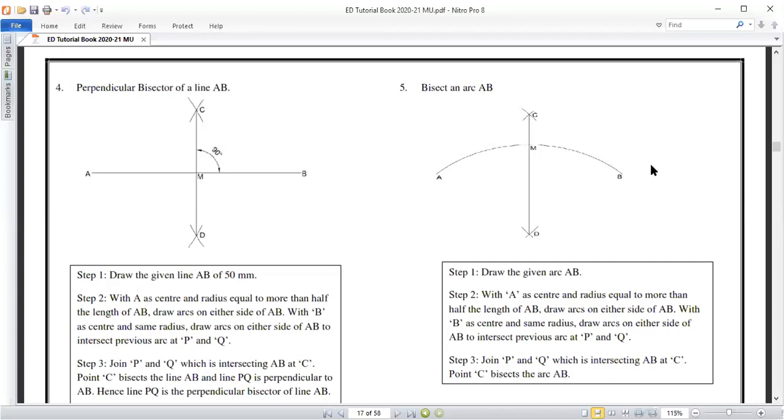Now, bisection of a line is already completed by Janish. Very good, Janish. You have very good drawing skill.